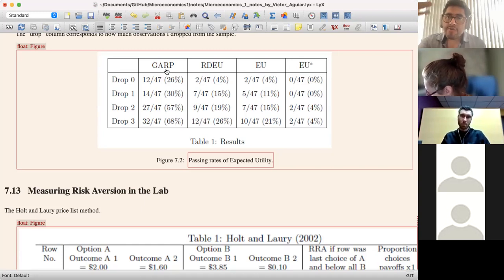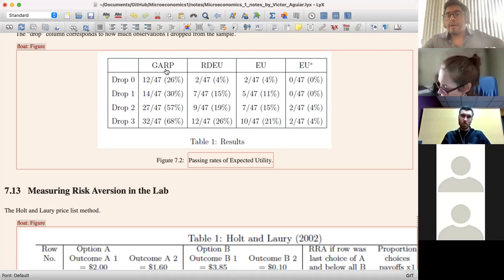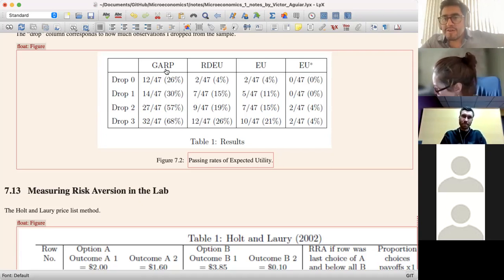But this is no longer true for expected utility. From my own work, this is unpublished work, by the way, we have tested with our techniques, allowing for measurement error, expected utility in these experiments, and expected utility still fails. So expected utility seems to be essentially a bad description of the behavior of these experimental subjects.